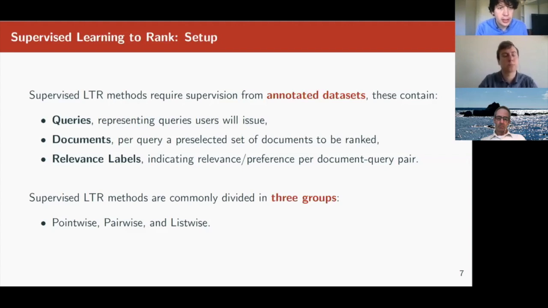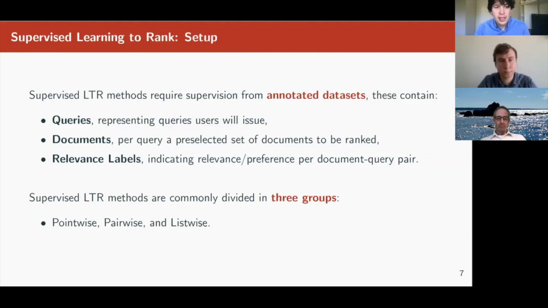And usually there's a pre-selected set of documents per query. Usually there's some system that determined the top 1000, for instance, and relevance labels. So for each combination of a document and a query, we need to know how relevant is it or how preferred is it, which is the signal that we want to learn from or evaluate on.